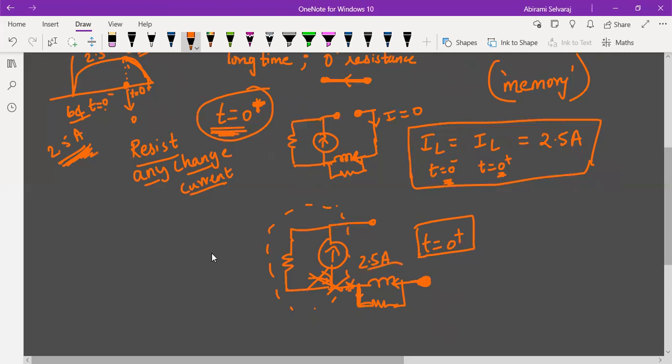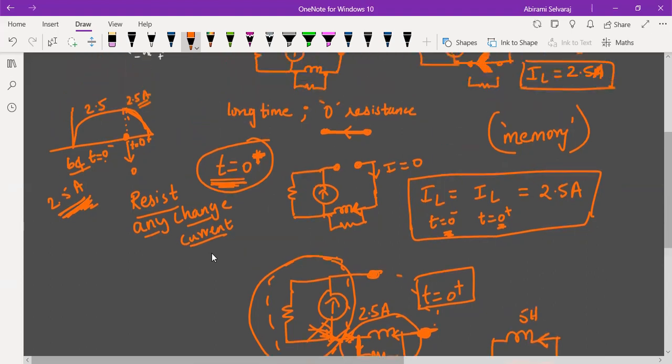Let us consider only this part, because this circuit is disconnected from the other circuit because of this open. It's completely open. If current comes, it cannot have a closed path to travel. So we can disconnect and draw it like this. This is the inductor of 5 Henry, and the current direction will not change.